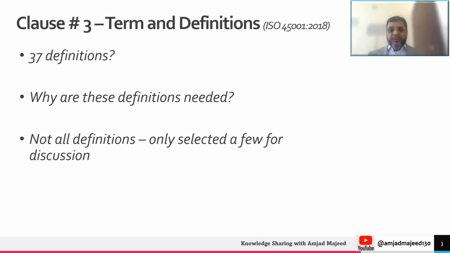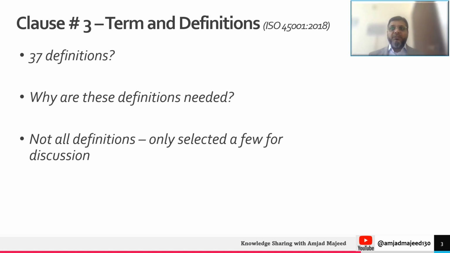Now clause number 3 is the terms and definitions. There are 37 definitions provided by ISO in this section. Now the question is why these definitions are required. Just to make it simple for you, keep in mind that we all have different experiences and different exposures in our past.